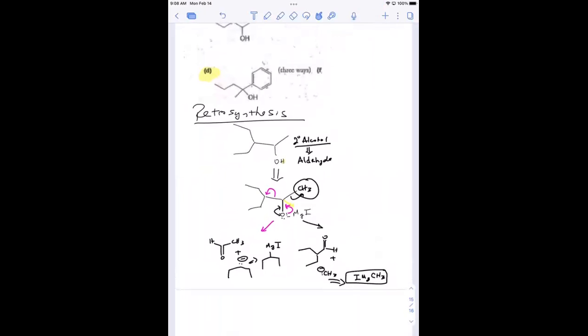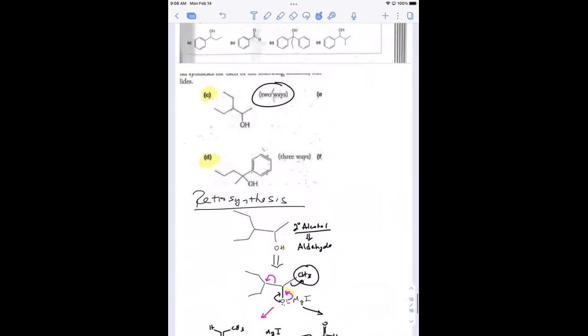We know that if we add two moles of Grignard to an ester, we get an alcohol. But we can also take those product alcohols and work backwards. Even if we don't know what Grignard we added, we can come up with a synthesis for the alcohol itself. So we looked at C.